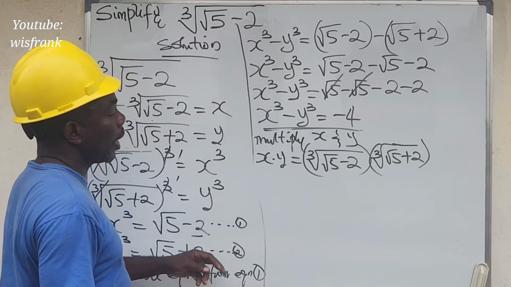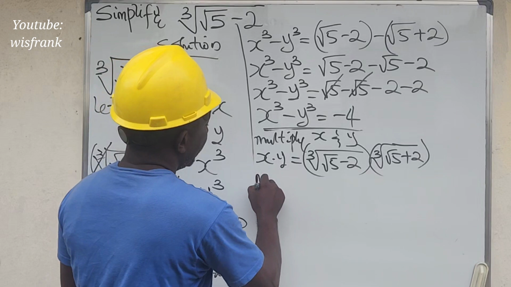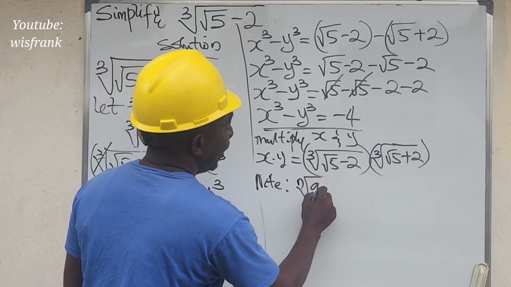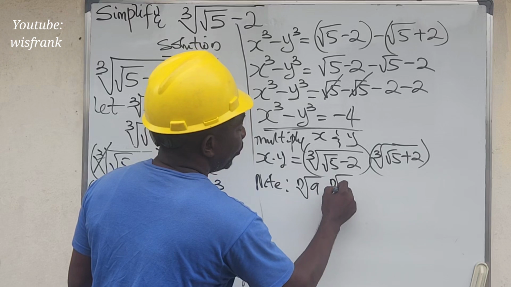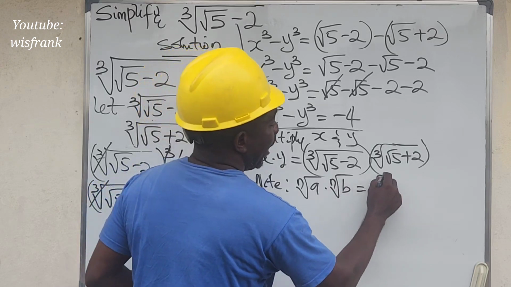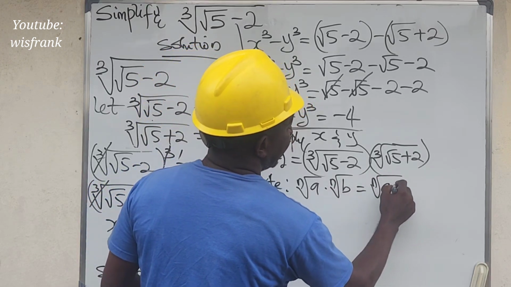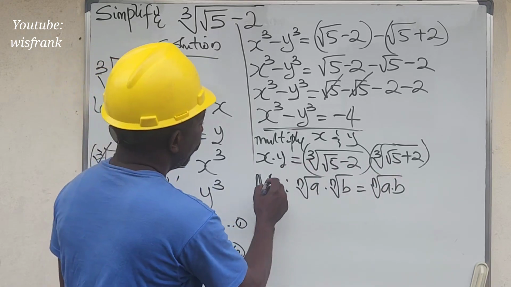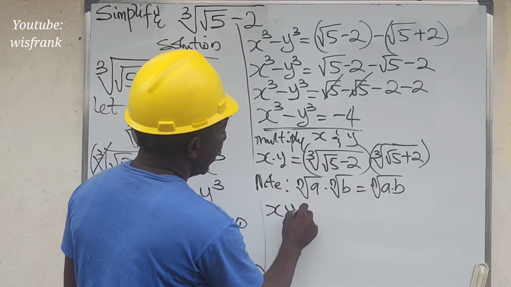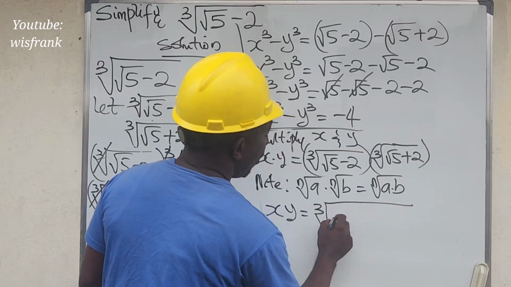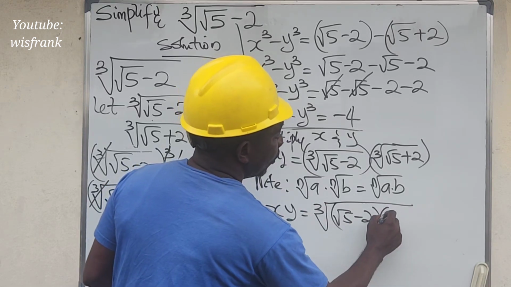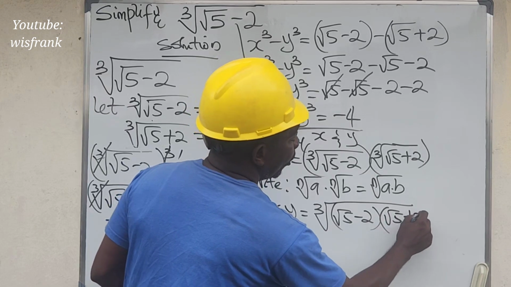Note that when we have nth root of a times nth root of b, it is the same thing as nth root of a times b. Expressing this in this format, we have xy equals cube root of square root of 5 minus 2 into square root of 5 plus 2.